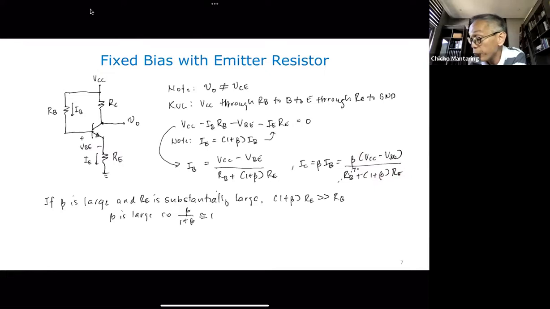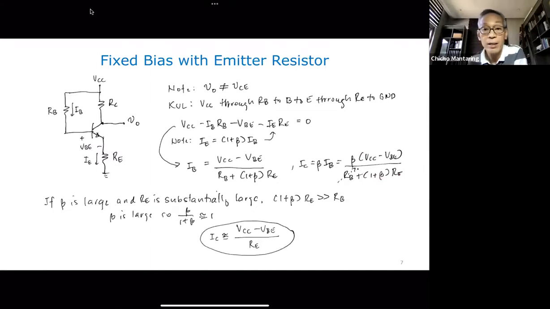So we're going to be left with IC is approximately equal to VCC minus VBE all over RE. And if you take a look at this, there is no beta there. It's not dependent on beta.